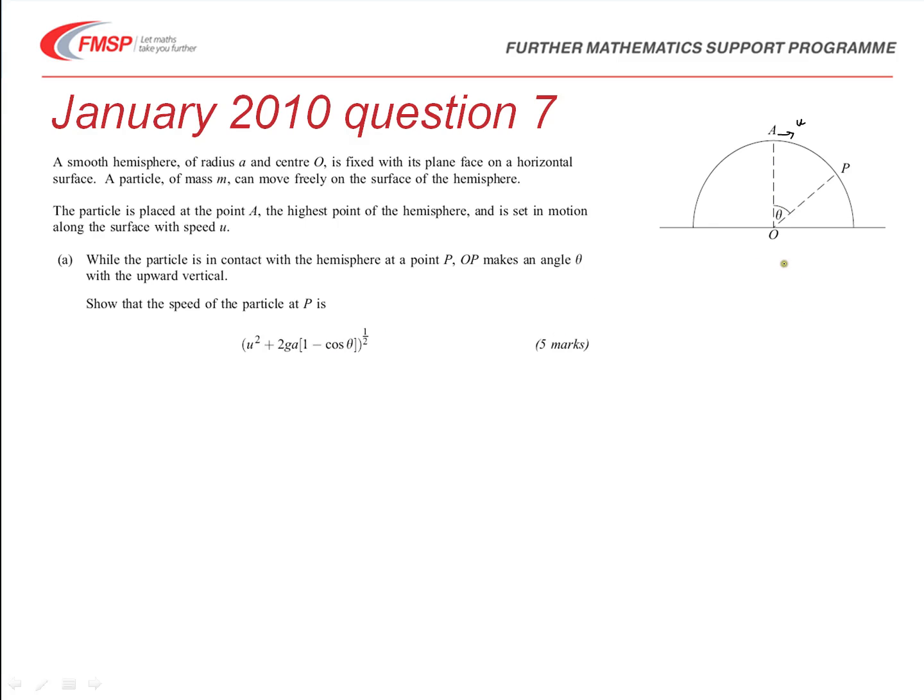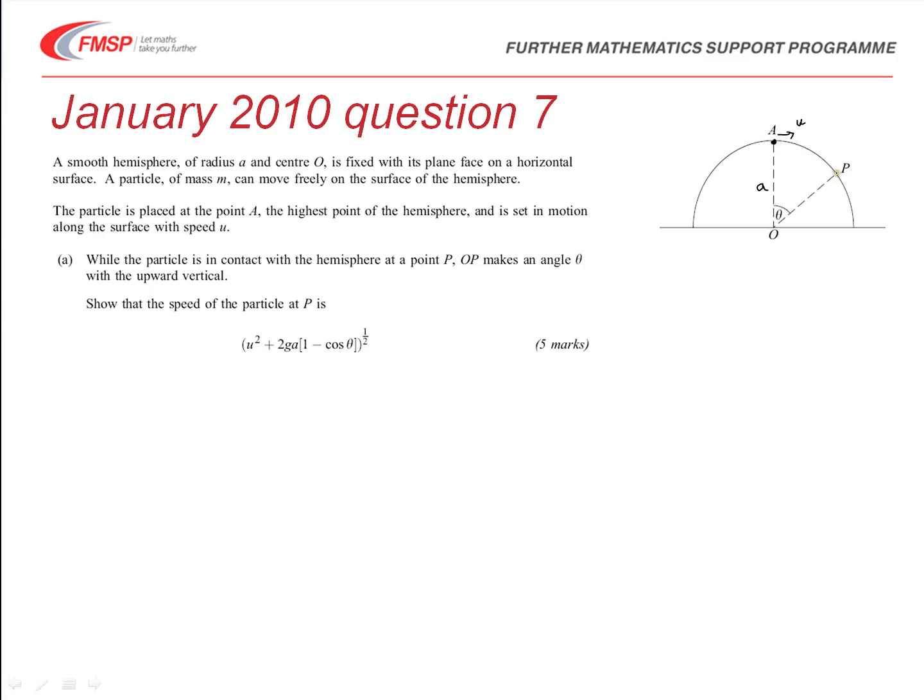So what we need to do here is to apply our use of energies. We know the initial kinetic energy in terms of u. We know the radius here is a, so we know both the kinetic and the potential energy at this point.